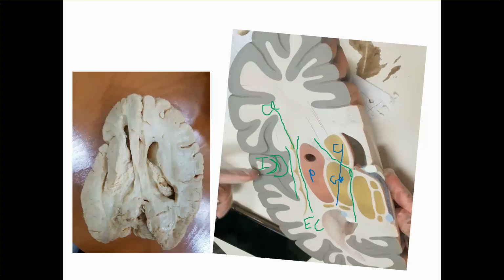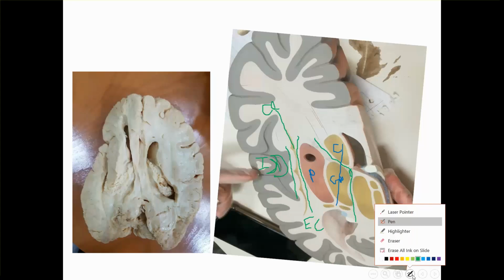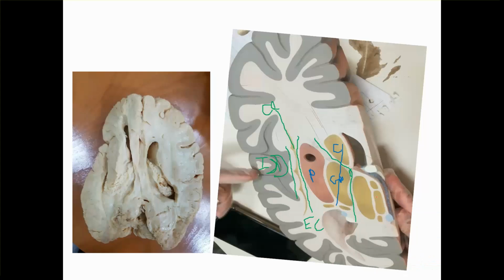The posterior limb of the internal capsule separates the thalamus medially. So here you can see all these are parts of thalamus, the various nuclei of the thalamus. Now we can also see some part of the anterior horn of the lateral ventricle.